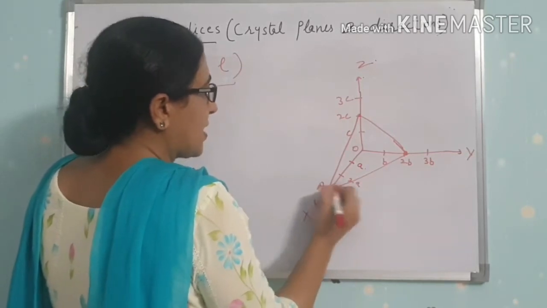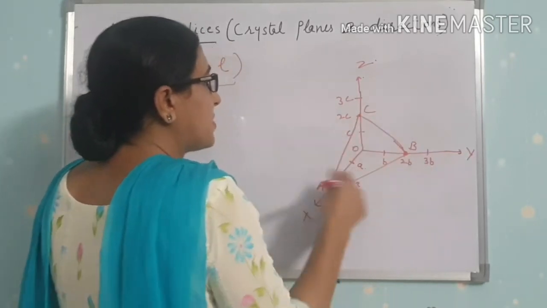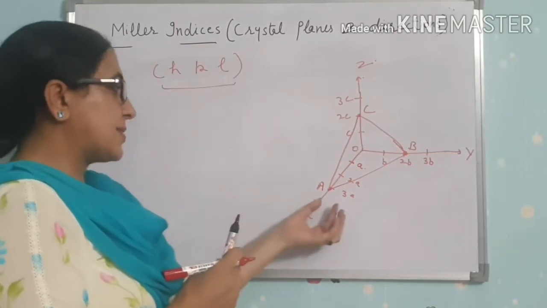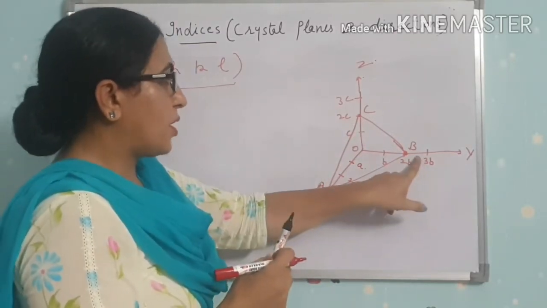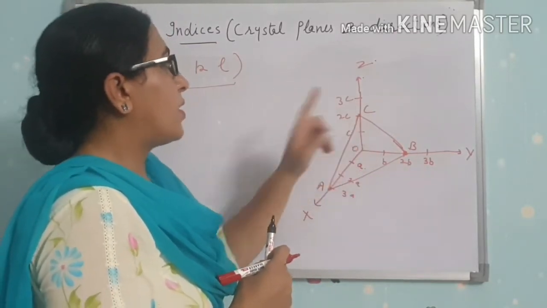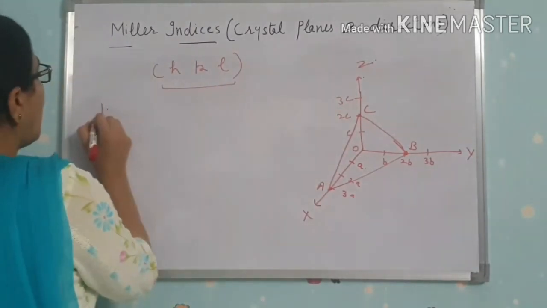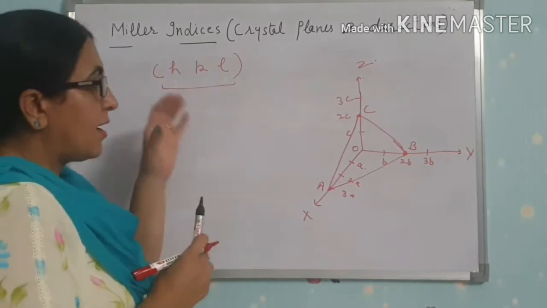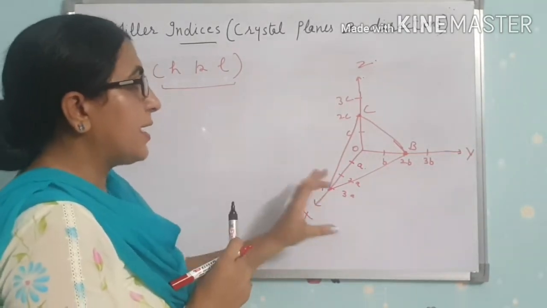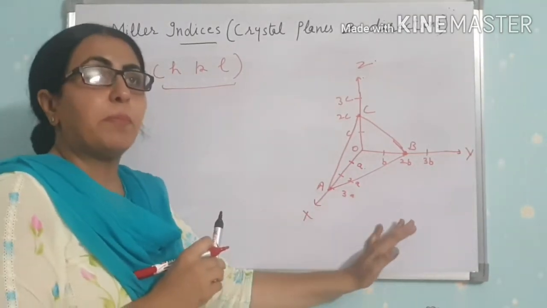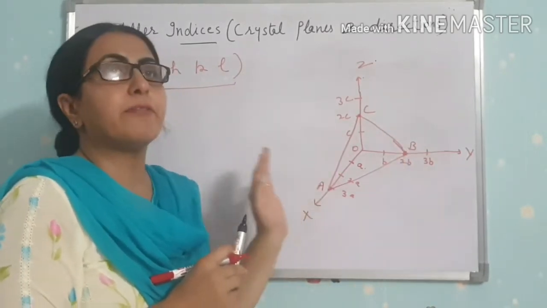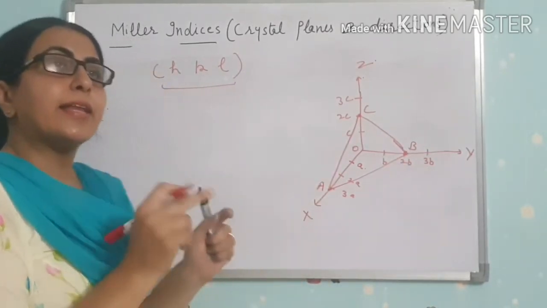Take this as A, B and C. So this is a plane which cuts the x-axis at this point A, the y-axis at B and the z-axis at C. So the first point is to take the intercepts made by the plane on the crystallographic axes.